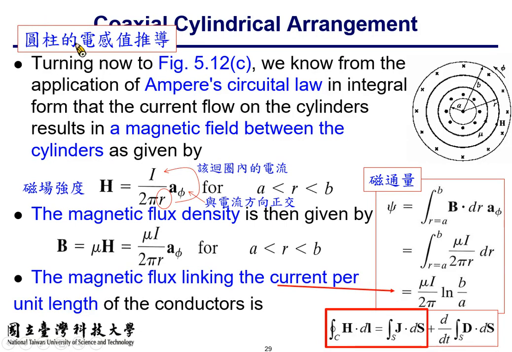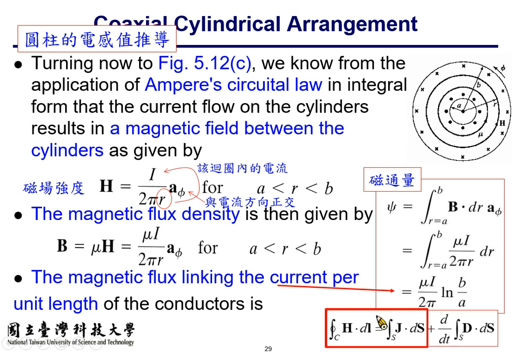Okay, let's move on to the per unit inductance of a cylindrical structure, a coaxial cylindrical structure. We do this according to Ampere's circuital law, which governs the relationship between magnetic field intensity and the current source.